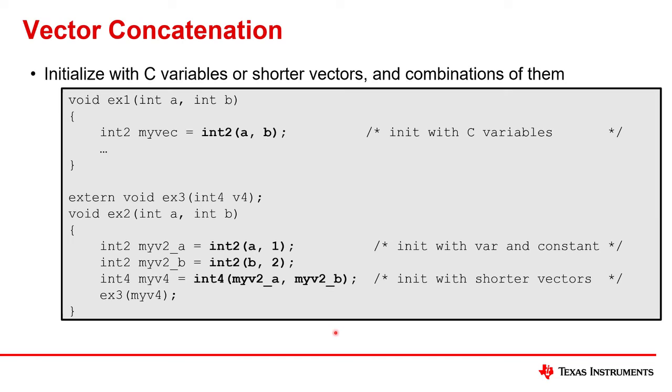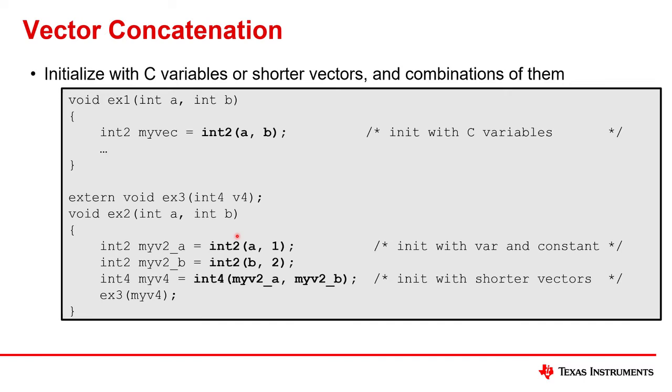Vector concatenation, where we're talking about initializing a vector with C variables or shorter vectors and combinations of those. So here are some examples. This one, we have an int2 vector, and we're going to initialize it with A and B. They are arguments passed into this function. That's what that looks like.